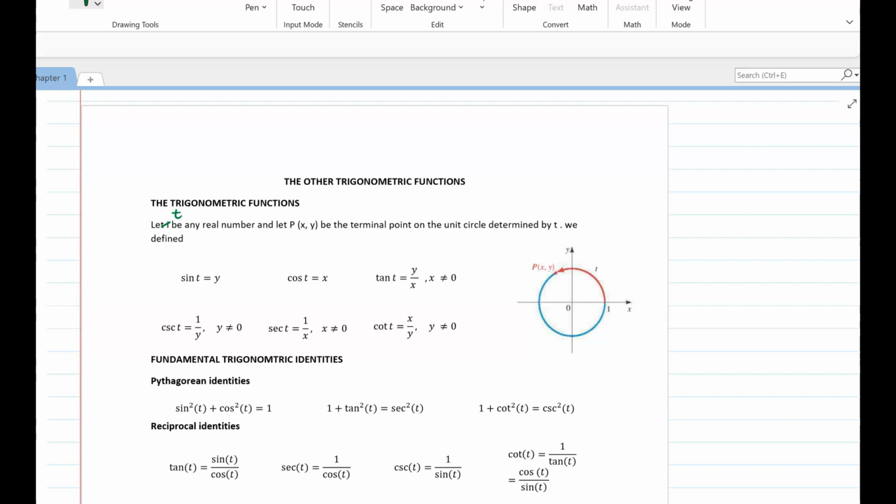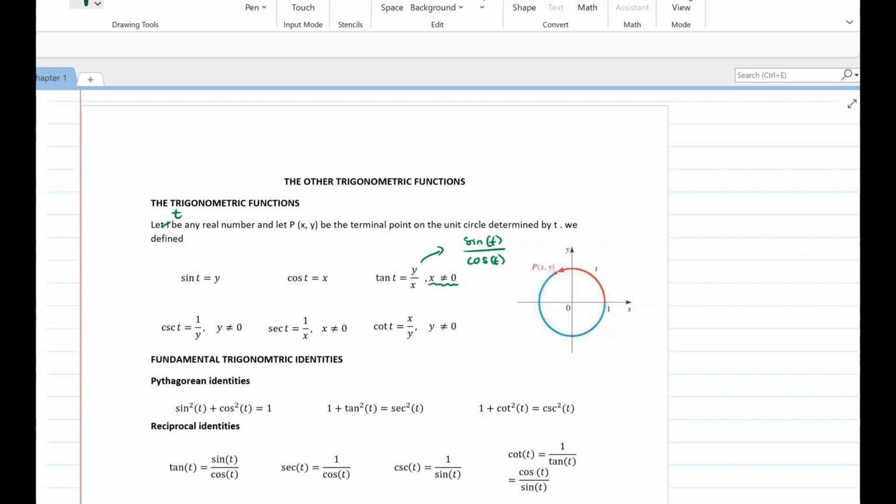We define sine of t equal y, cosine of t equal x, tangent of t equal y over x, or we can look at this as sine of t over cosine of t. Note that we define that where x is not 0, which means cosine of t is not 0.